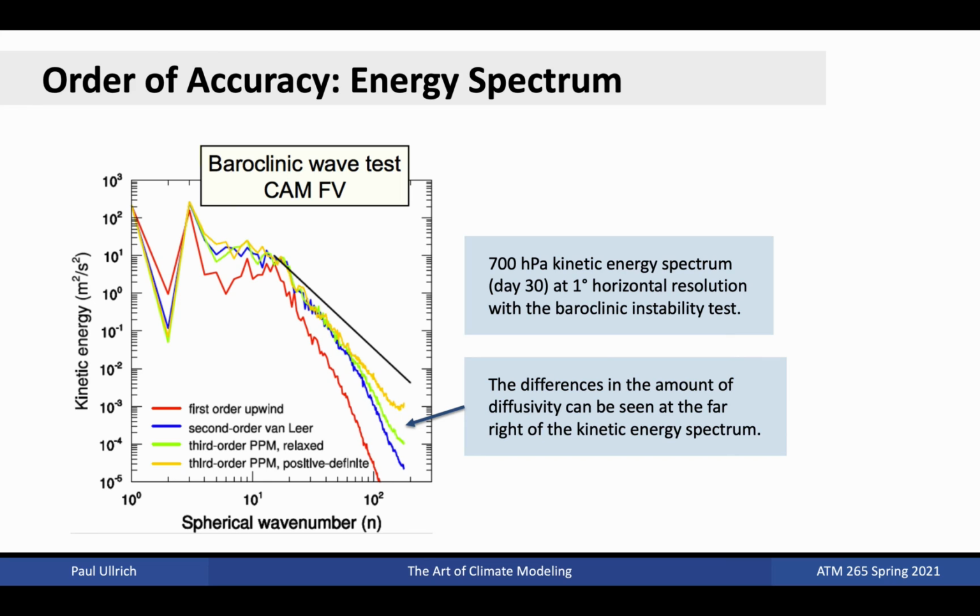The result is perhaps as expected. The lower-order method exhibits greater energy dissipation than the higher-order method. Two flavors of the piecewise parabolic method are shown here, one with relaxation and one with only a positive definite filter. The simulation with only the positive definite filter is likely under-diffused, as there is a slight uptick in the energy at the shortest wave modes.